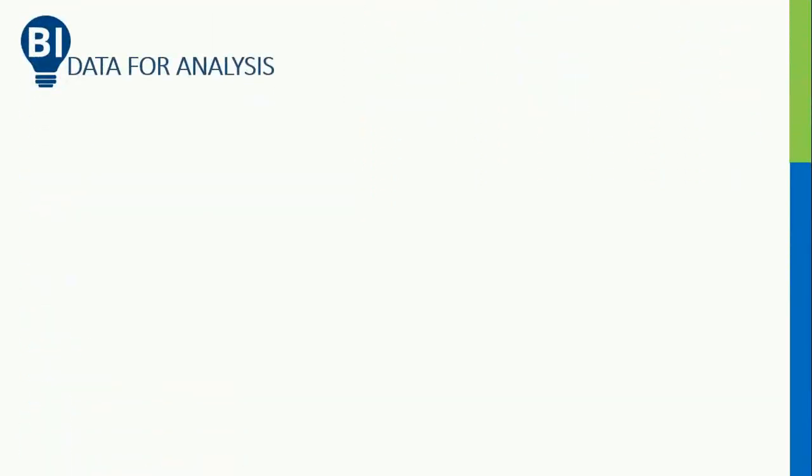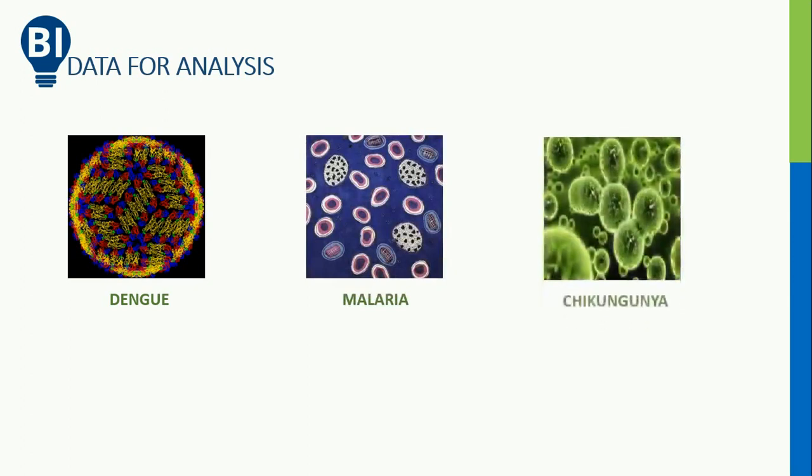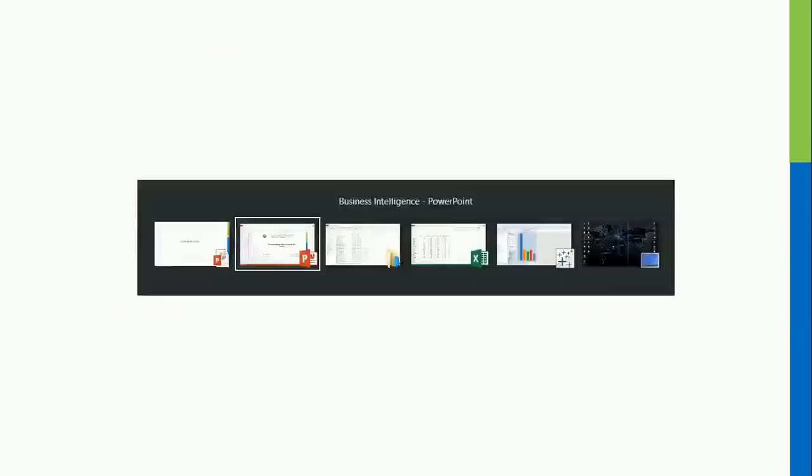Now the sample data which I have taken for analysis consists of the number of cases and deaths for the 3 epidemic diseases of dengue, malaria and chikungunya. The data consists of the number of cases found and the number of deaths registered. The time period of the data is 5 years and the source of data is data.gov.in. Now let's start the demonstration.